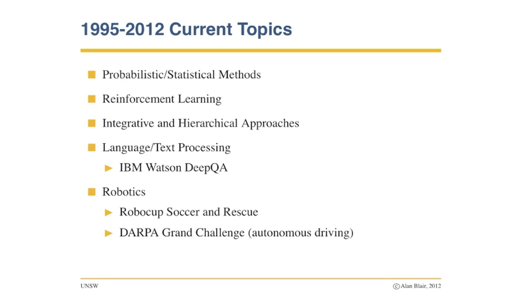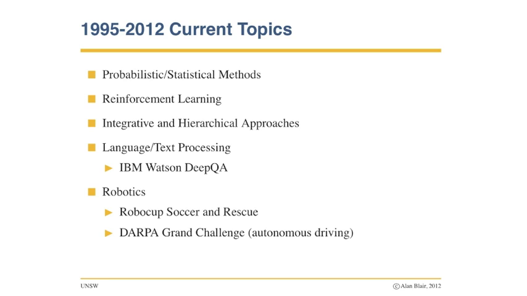So if you're interested in continuing with AI, you might think about taking a math course in probability or statistics. There's been a lot of work in reinforcement learning. There are moves to make integrative and hierarchical approaches and large systems.